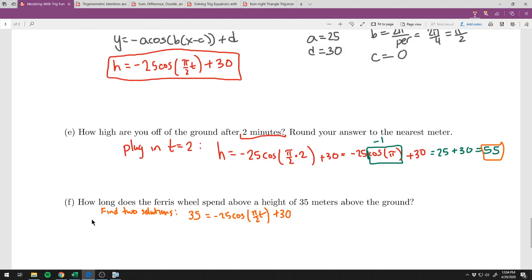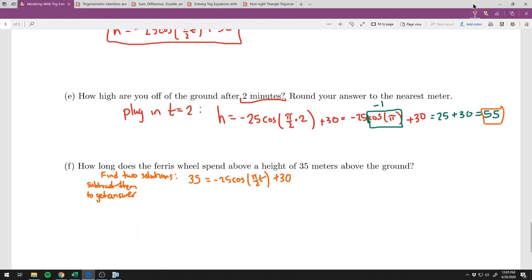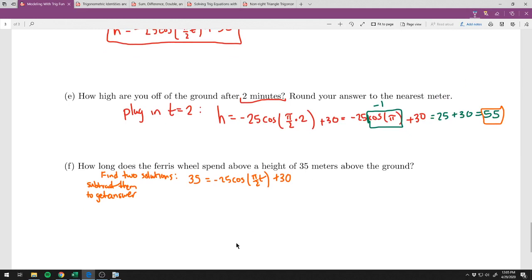And then once we find our two solutions, subtract them to get the answer. And this one looks a lot more like the problems we did in the last section because there's only some number times t inside. But since we do need both solutions this time, it's a good idea to remember how we did it last section.